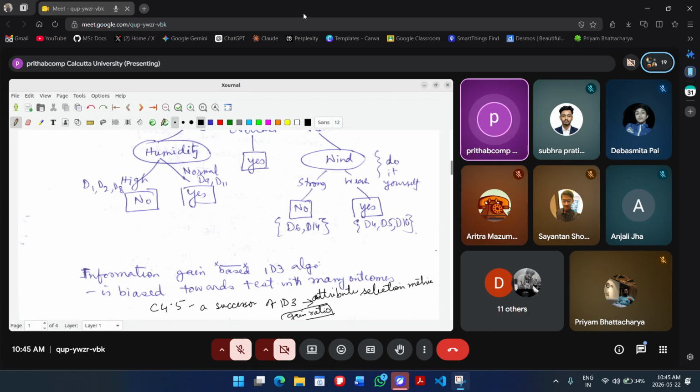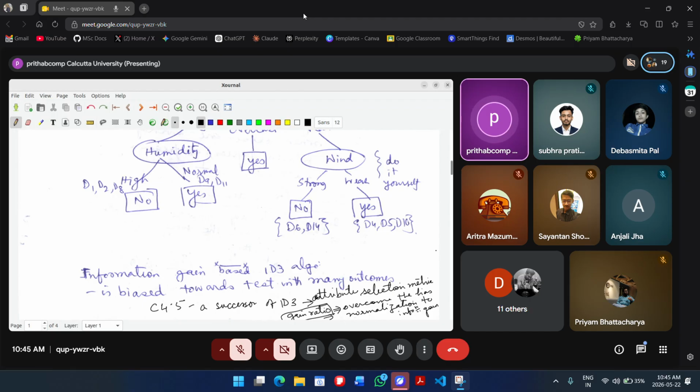I'm not going into all that detail, but in brief, gain ratio tries to overcome the bias that is there in the ID3 algorithm, and it uses a kind of normalization on the information gain that we used in the ID3 algorithm.